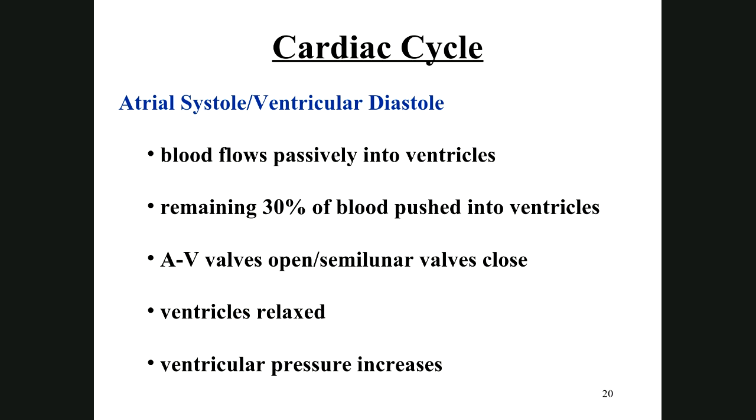The atrioventricular valves open, of course, and then the atrium contracts to push the remaining blood into the heart. Now the heart is fully ready to eject the volume of blood. The blood found inside the ventricle is known as the end diastolic volume. Right there, it's ready to go. Then the second event happens.